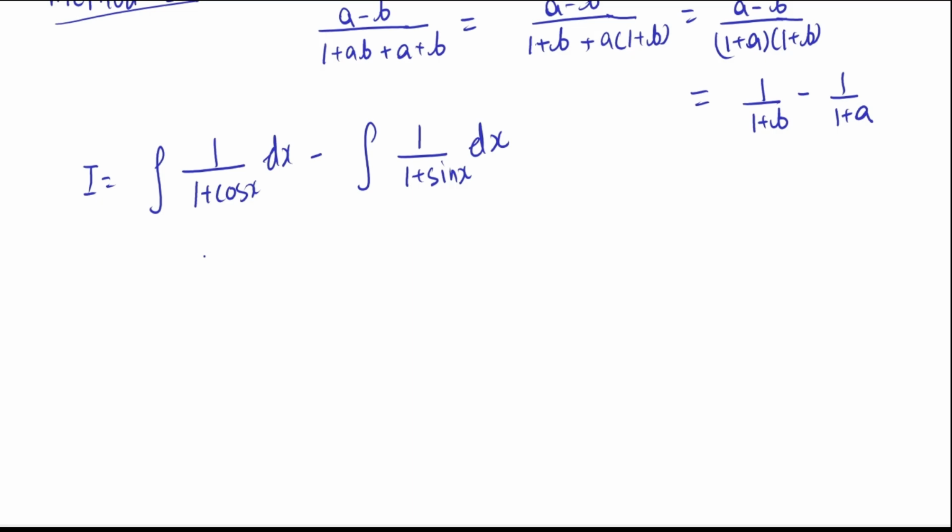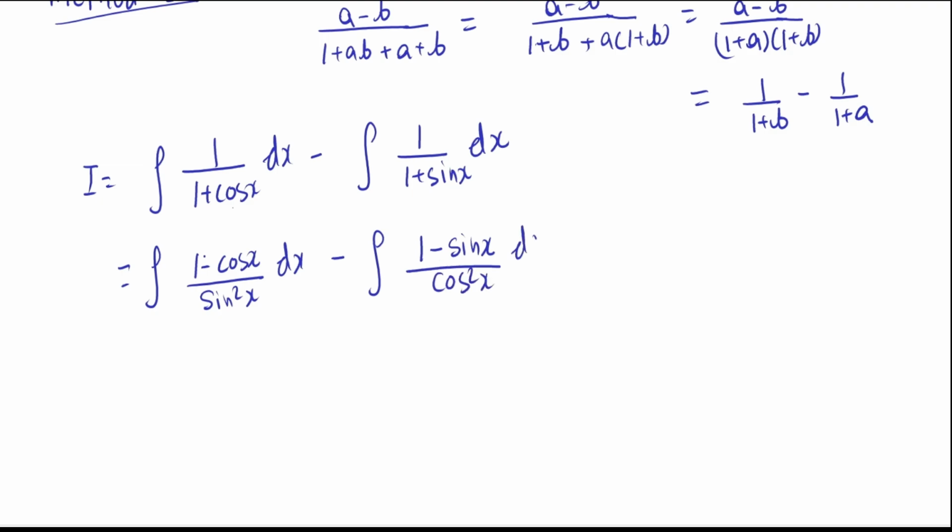So now this is easy to integrate. You can either convert this into tan x by 2 and integrate, or you can just multiply and divide by 1 minus cos x, right? So 1 minus cos x over (1 plus cos x) into (1 minus cos x) is 1 minus cos square x, and that is basically sin square x dx, right? And similarly, here I multiply and divide by 1 minus sin x, so this is 1 minus sin x over 1 minus sin square x, which is cos square x dx, right?